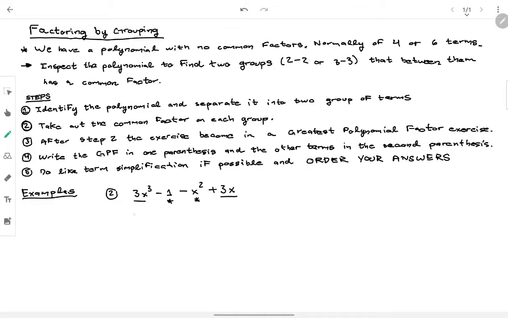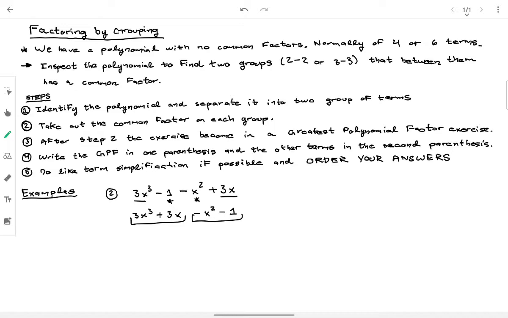So I will put first those that have 3, and after that, those that don't have 3. I selected to do it like that, but you can select different ones. The important part is that they have a specific common factor between them.